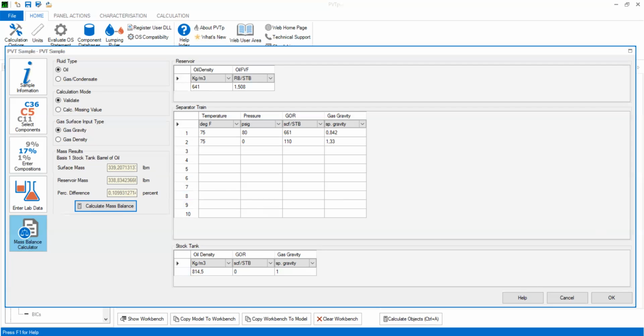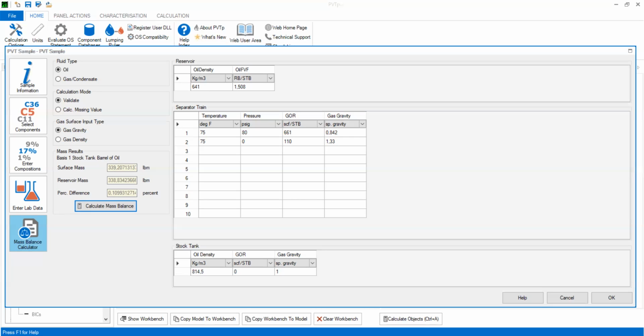As can be seen, the mass imbalance, the percent difference, is quite small, 0.11%. This suggests that the collected data is consistent. By the way, if the error is larger, then possible inaccuracy in the measurements should be investigated further, and also taken into consideration when developing a regression strategy later on.